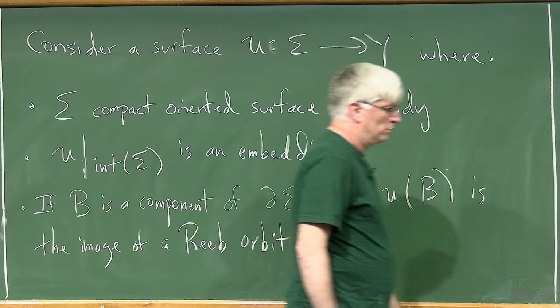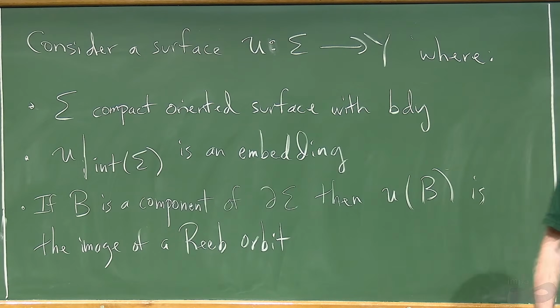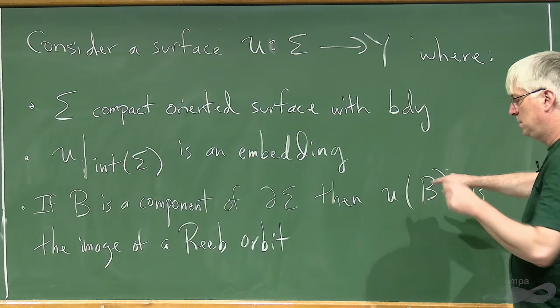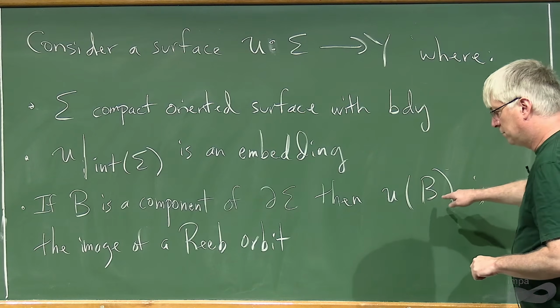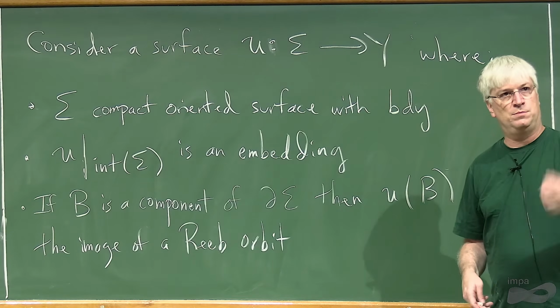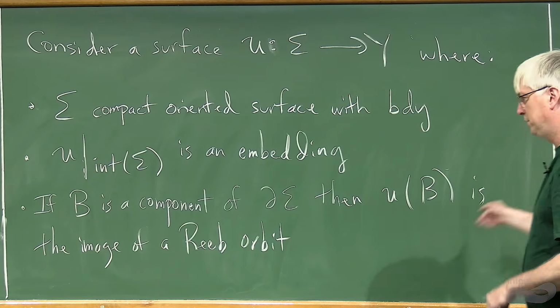So a Reeb orbit is a map from a circle into Y whose derivative is the Reeb vector field. You can distinguish between simple ones, where it's an embedding, and multiply covered ones. So the degree of the map from B to the circle in Y could be bigger than 1. It's not necessarily an embedding.